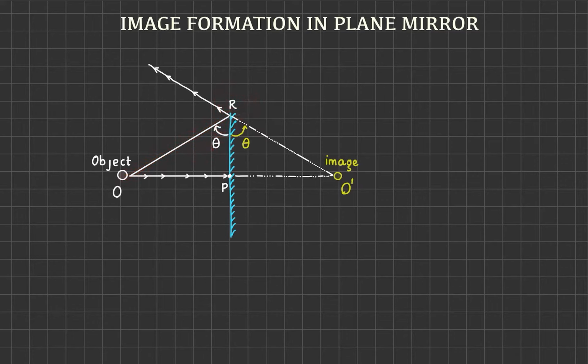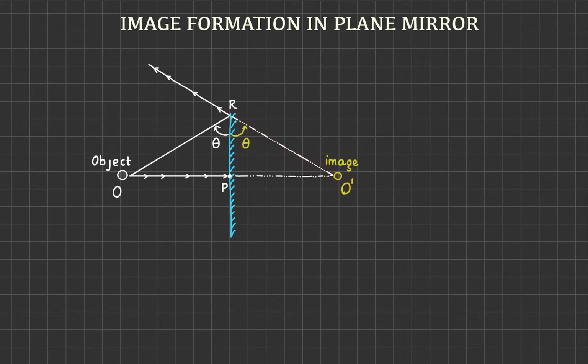Now similarly we need to draw another line from R but on the back side of the mirror, which will make angle theta with the mirror, and we extend the second line also.